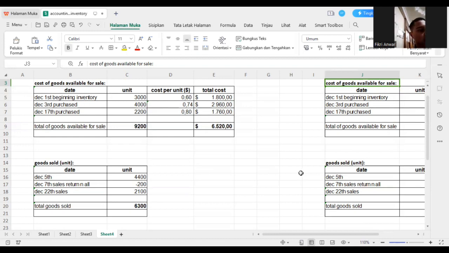The total of goods available for sale, the units is 9,200, and the total cost is 6,520. The next is goods sold. On the 5th of December, we have 4,400 units. On the 7th of December, sales return and allowance, we have minus 200.